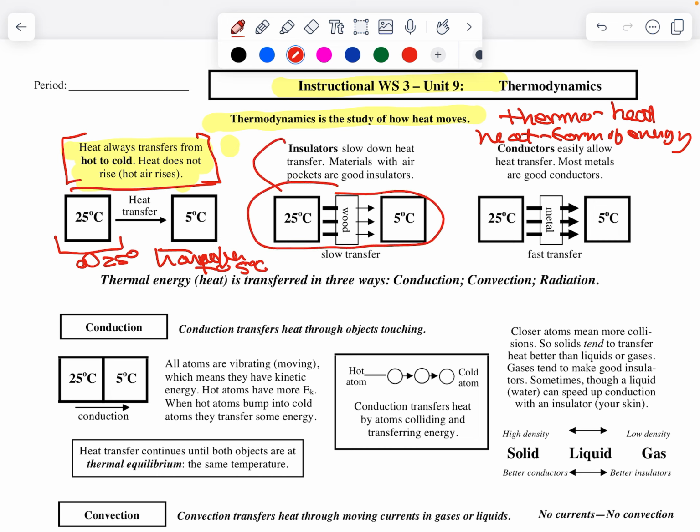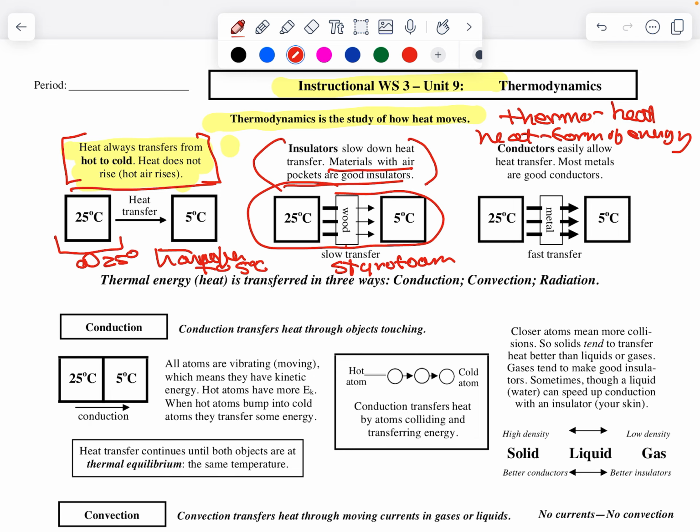Insulators slow down heat transfer. Materials with air pockets are good insulators. So you might have styrofoam, that's a good insulator. You might have fiberglass insulation. You've seen the pink insulation or yellow insulation you use in your homes.